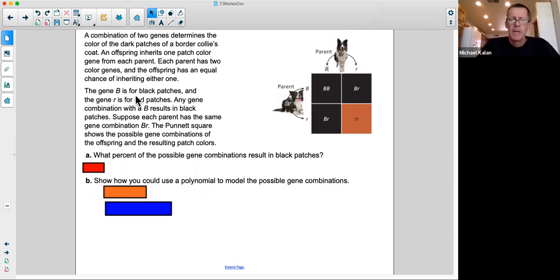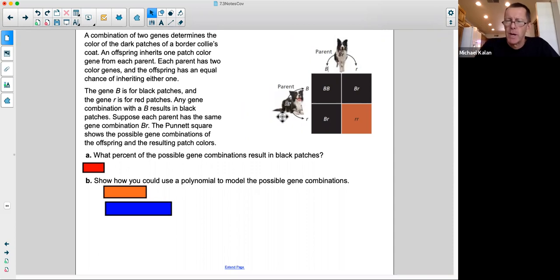The gene capital B is for black patches, and the gene lowercase r is for red patches. Any gene combination with a capital B results in black patches. So that's kind of what we would call the dominant gene. Suppose each parent has the same gene combination, capital B, r. The Punnett square shows the possible gene combinations of the offspring and the resulting patch color.